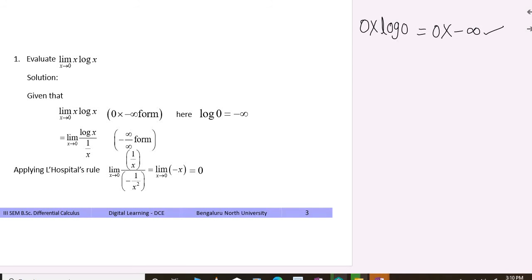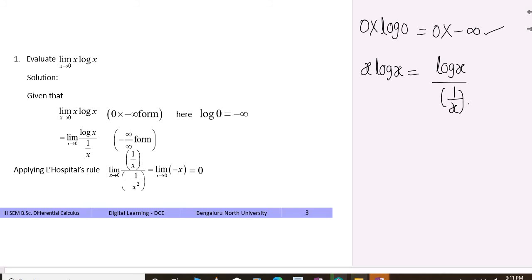Next, I am going to rearrange the given function, that is x into log x, as log x divided by 1 by x. Here the form of the given function is changed, but the value of the function remains the same. Next, I am going to substitute x equal to 0.